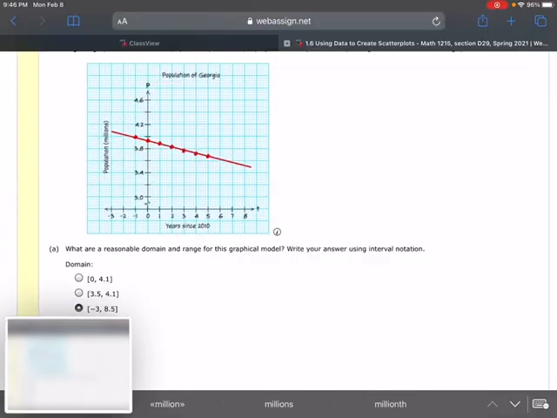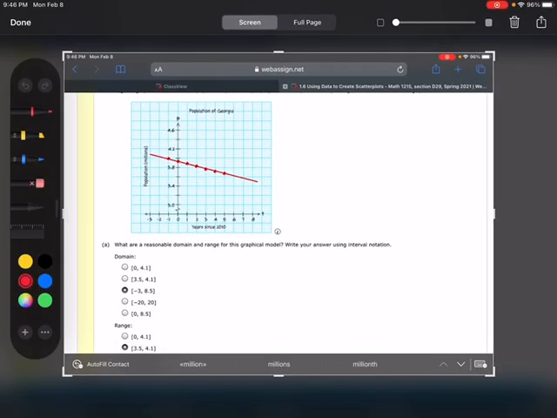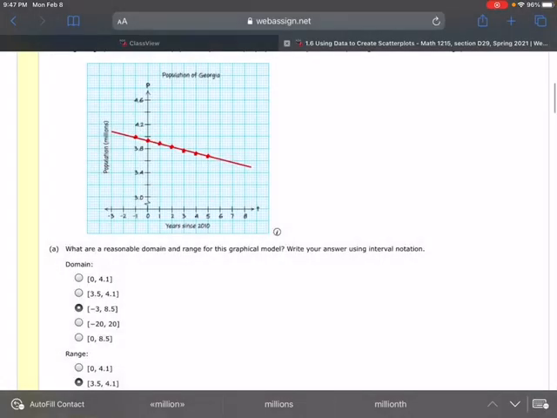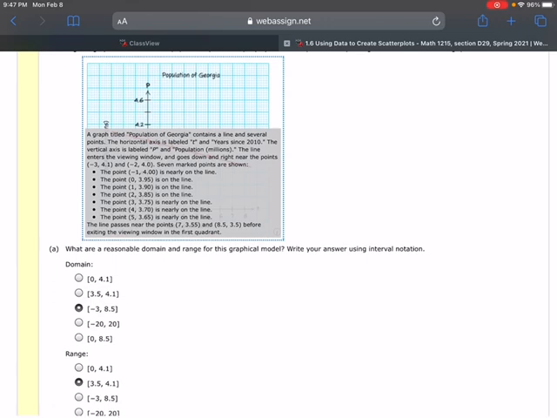When is the population of Georgia 3.55? So again, 3.55. It's around here. Seems like 7 or 8. Again, if you don't want to guess, you can hover over it and it tells you.